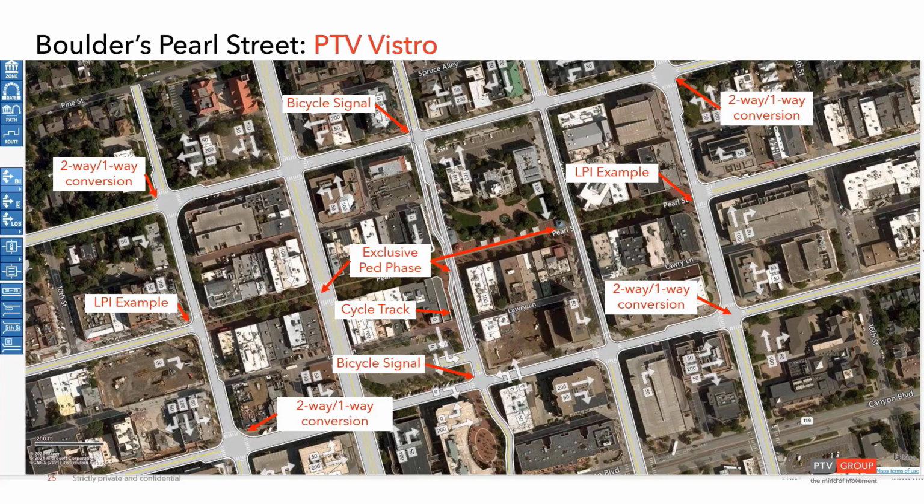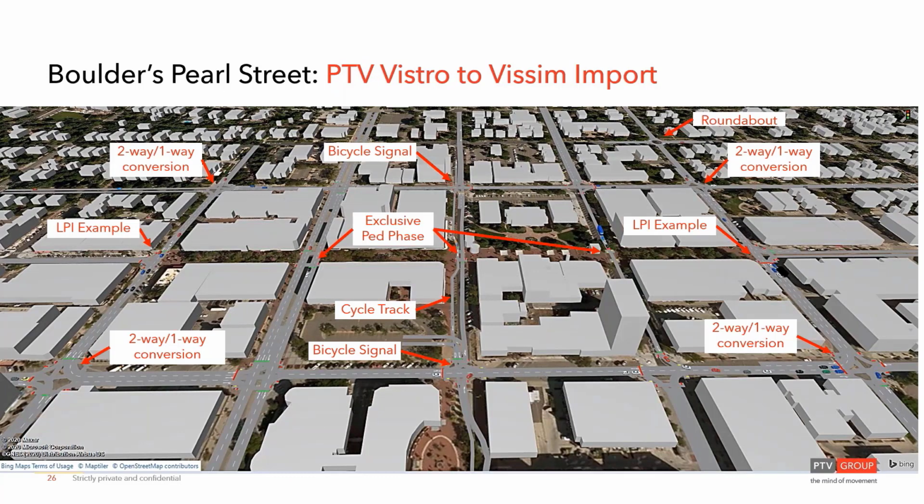But let's see what this looks like within simulation. Of course, as you know, Vistro has a great export out to Vistro, and we've made some massive improvements on that with our newest version. It creates really great geometries right out of the box into the Vistro model. So this is that same overall view, but on the Vistro side, you can see we already have buildings and our streets already generated.